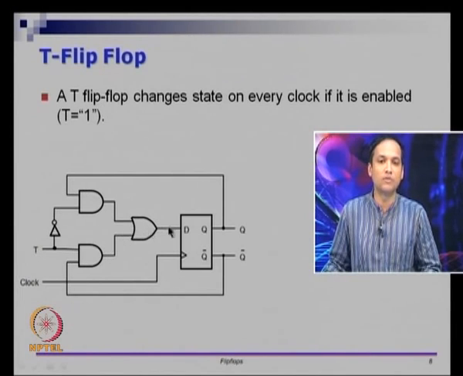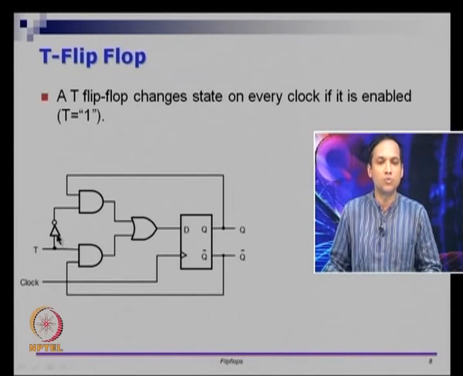So if you describe the output of this OR gate in terms of the inputs, namely T, Q and Q bar, we can see that this OR gate is doing T bar and Q or T and Q bar, right. So that is the definition of a mux, where Q and Q bar are the input lines and T is the select line, right. So if T is the select line, this circuit is actually a mux. So this circuit is either choosing Q or Q bar depending on what T is.